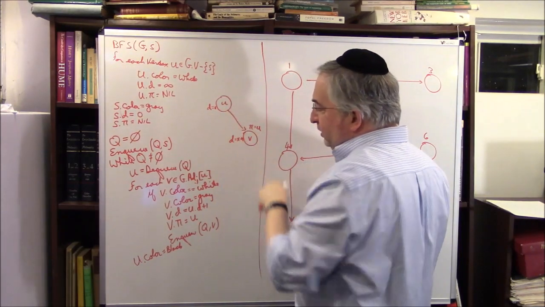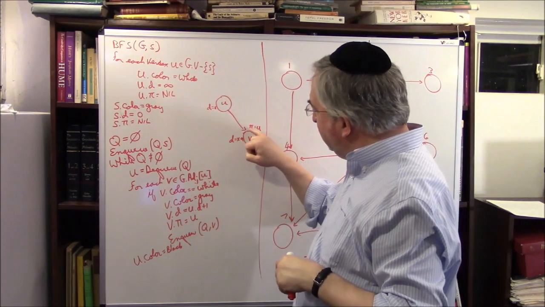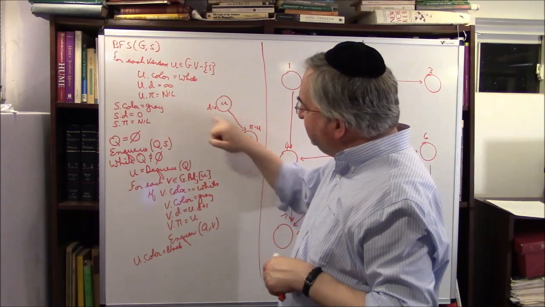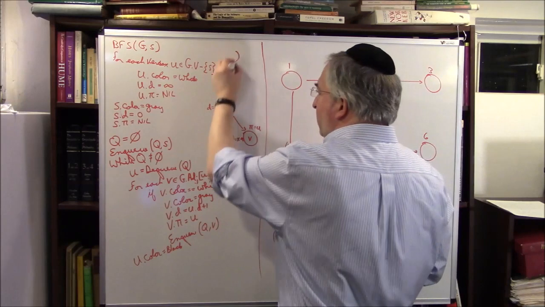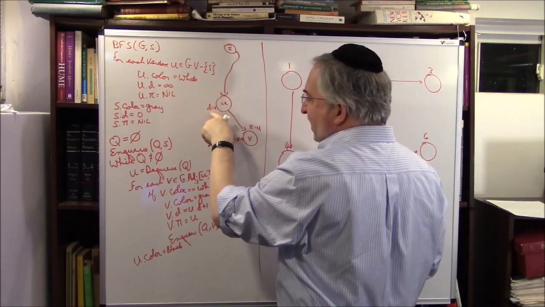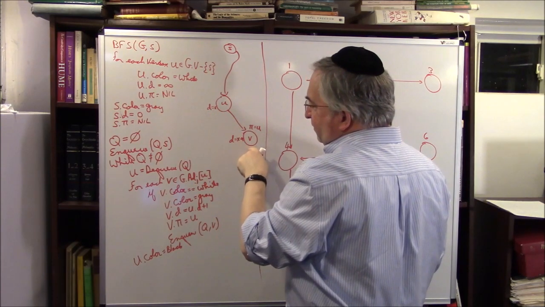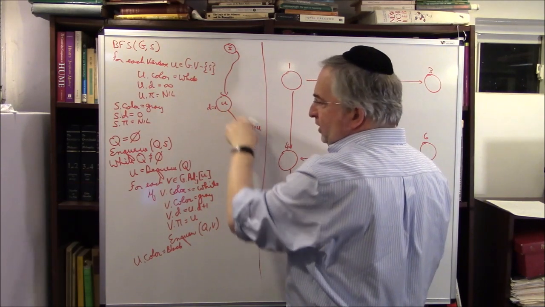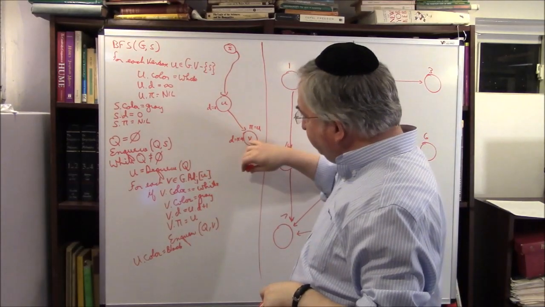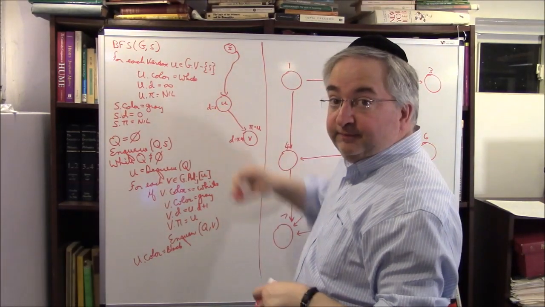U is going to be the parent of it, so the parent of v is going to be u. And if the distance from the starting point s to u is x, then the distance here is going to be x plus 1. It's going to be one further. So we're going to be updating the children in terms of the parent.